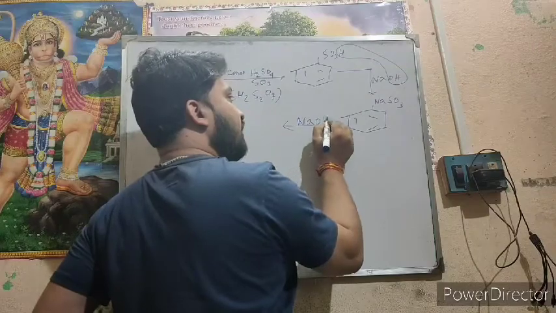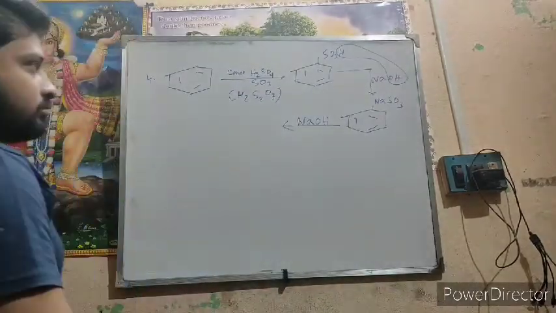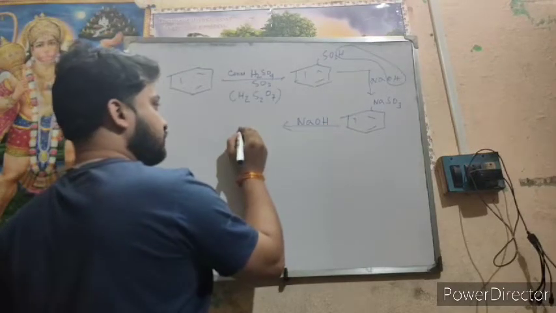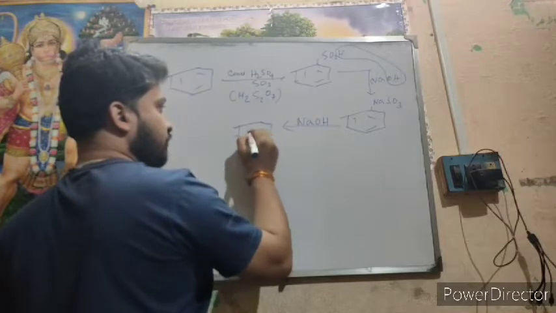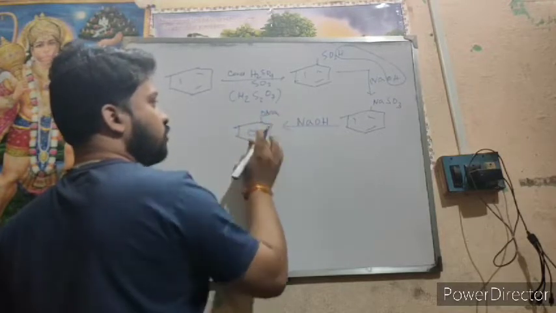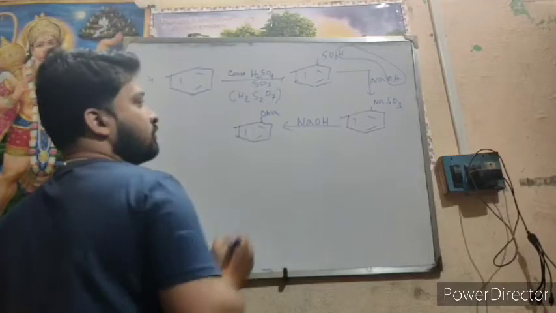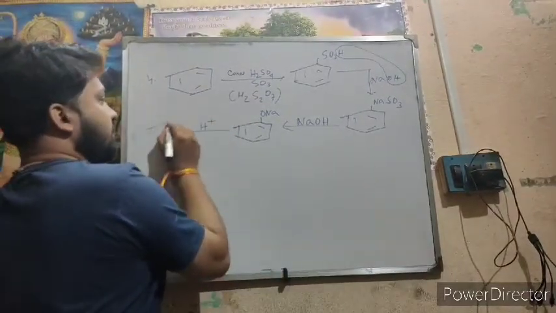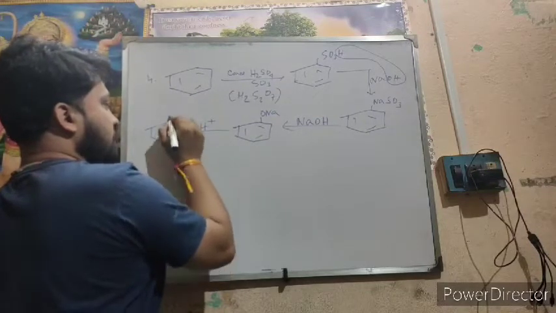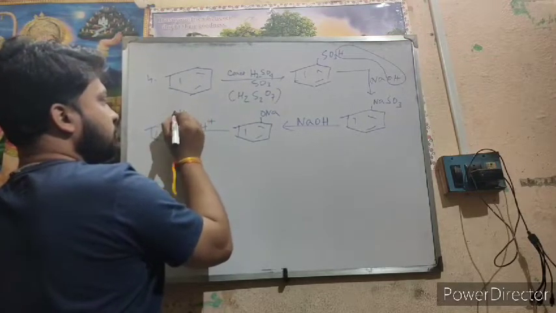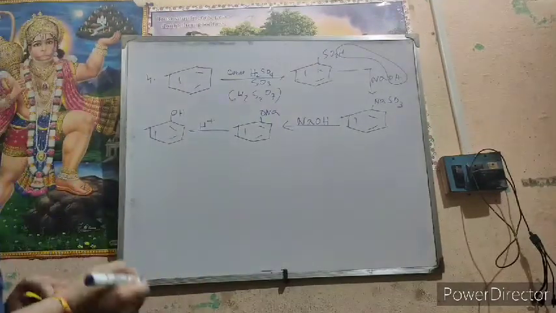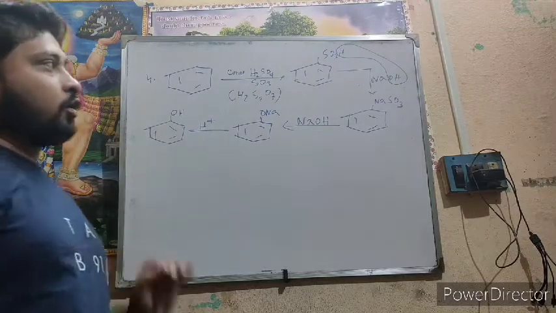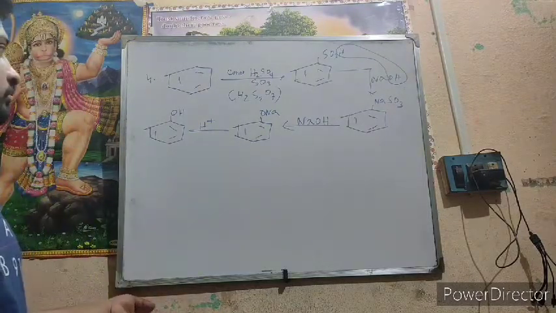Then you react again and you get ONa, sodium phenoxide. Then you acidify it and you get phenol. Very easy step. So this is method 4 to prepare phenol.